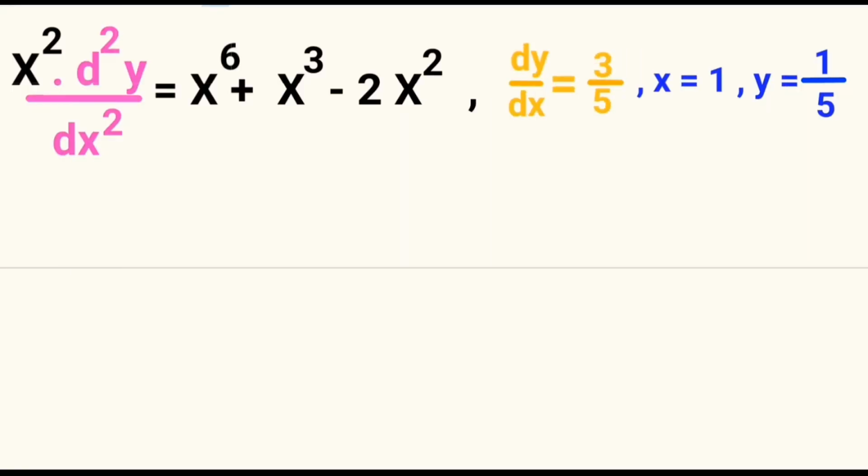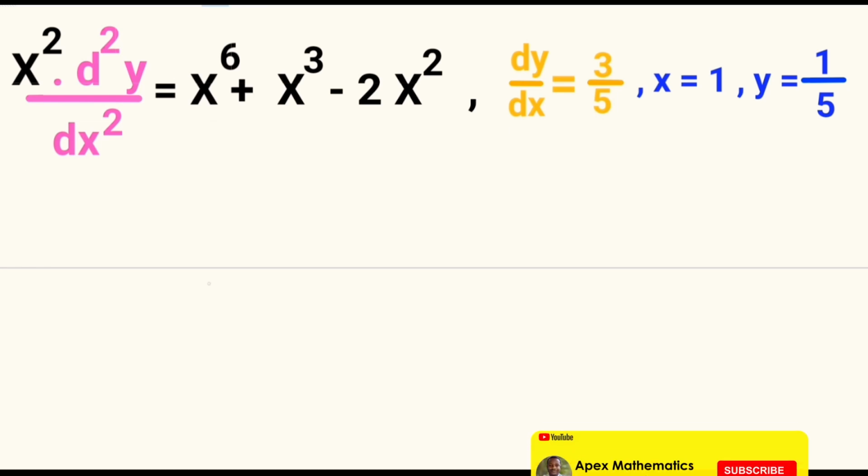For our second question, we have the following second order separable differential equation with the initial conditions: dy over dx is equal to 3 over 5, x is equal to 1, and y is equal to 1 divided by 5.